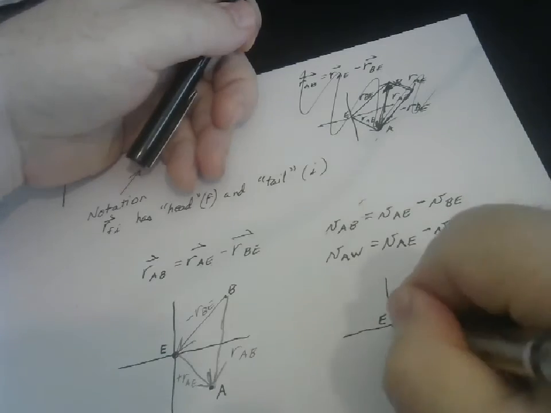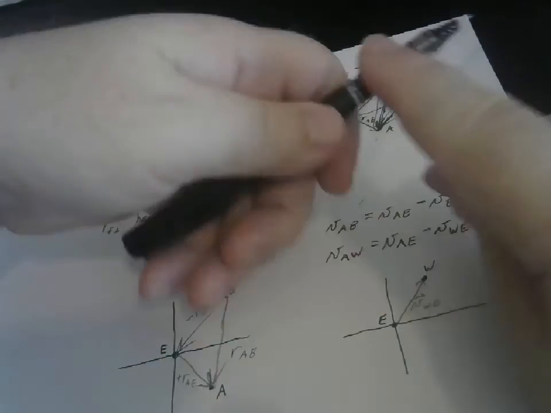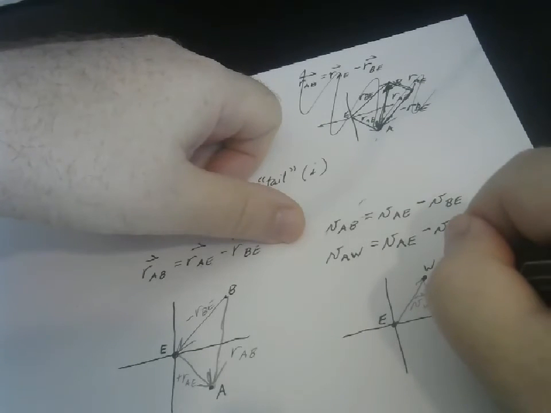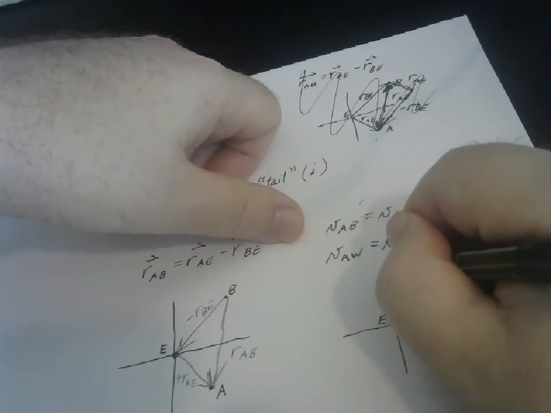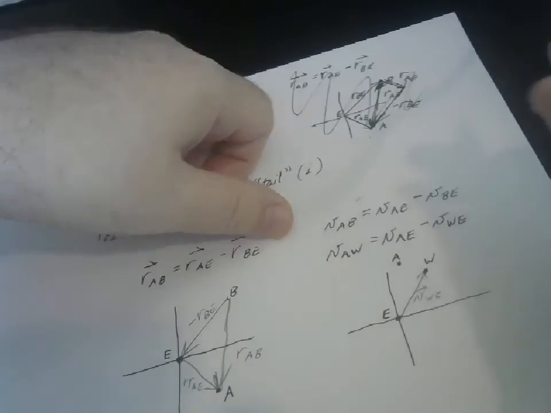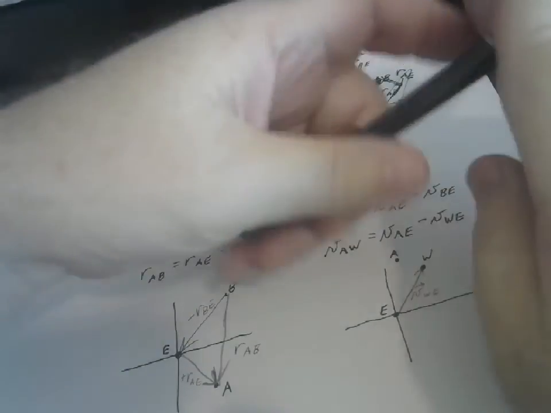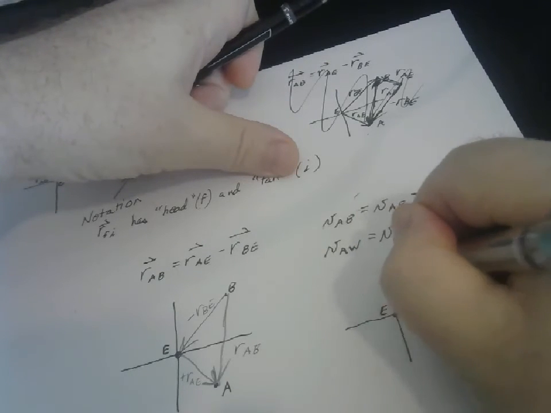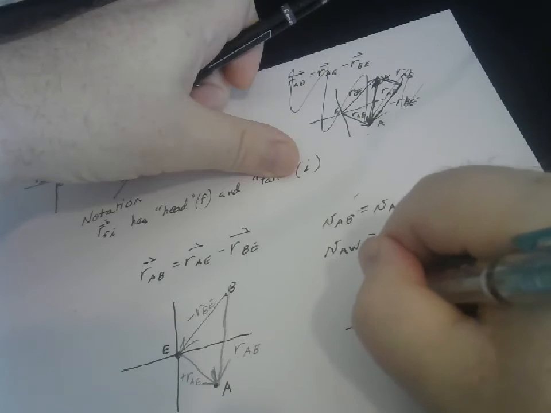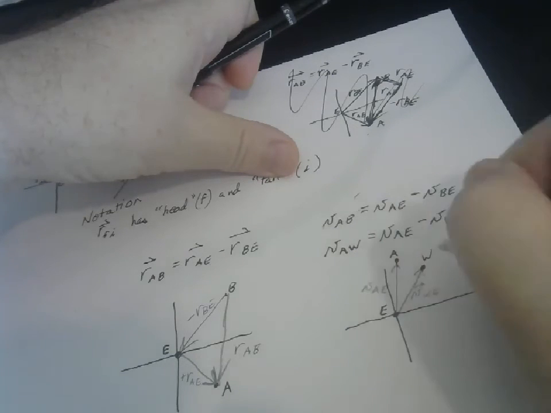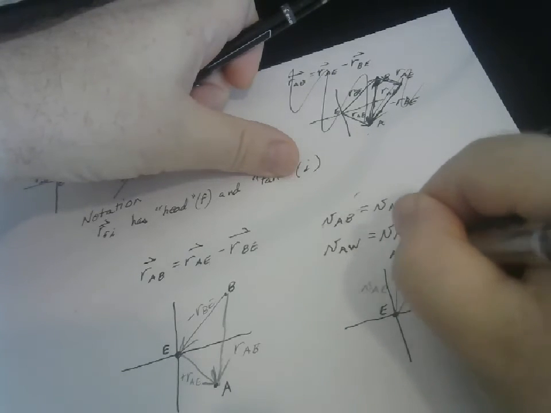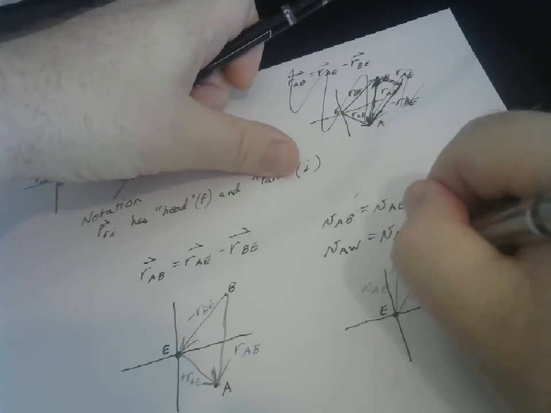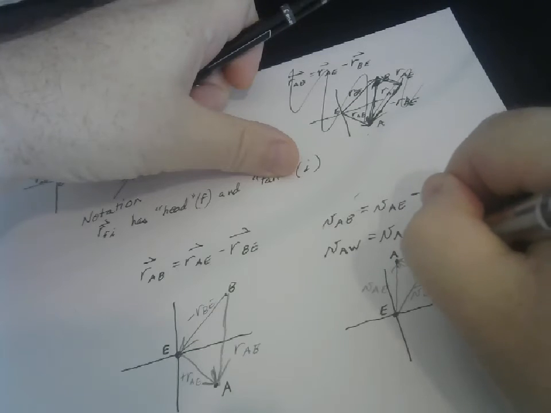Head is wind, tail is Earth, and then we'll put some airplane over here that is moving. A is the airplane, and we can see here is the velocity of the airplane with respect to the Earth, and here is the velocity of the airplane with respect to the wind.